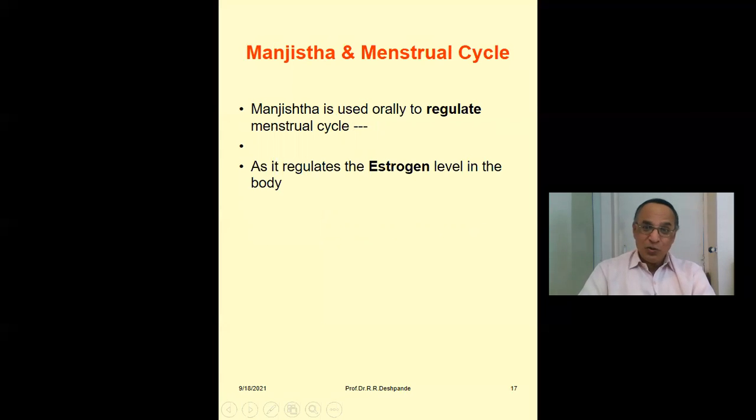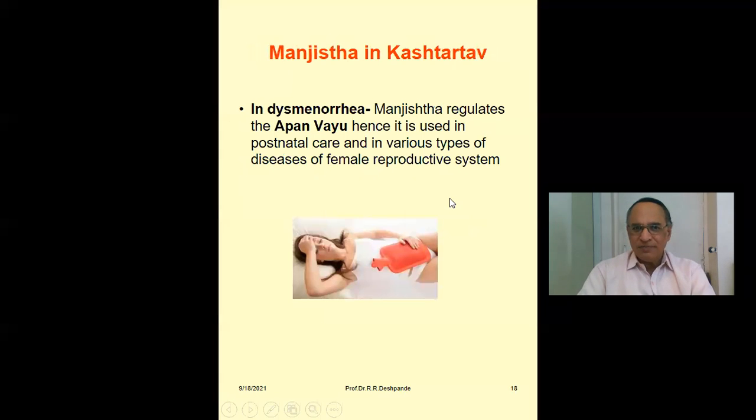Manjistha is for the menstrual cycle. It is used orally to regulate the monthly cycle in females. It regulates the estrogen level of the body. If there is kashtartava, dysmenorrhea, painful menstruation, Manjistha regulates the function of Apana Vayu.